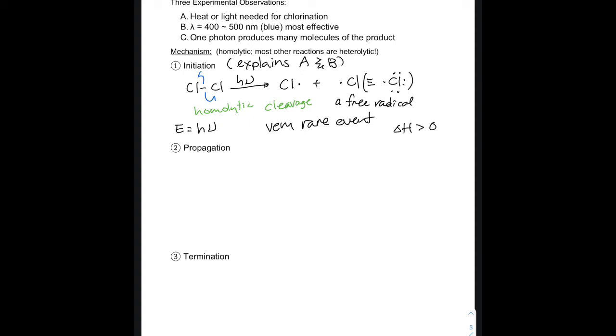In fact, the delta H of this process is definitely positive, but once you get one chlorine radical, the reaction can keep going, and that's the kind of mechanism we are proposing here, which we're going to call propagation, meaning it only takes one chlorine radical to make many molecules of the product. Okay, so this is going to explain the observation C. And the way that must be happening is through propagation of the radical species.